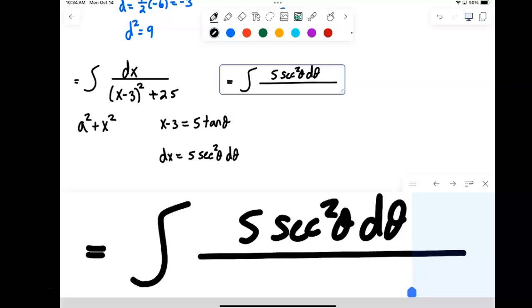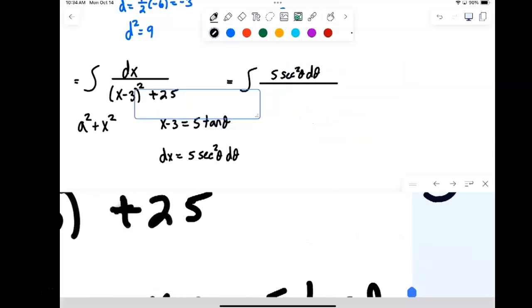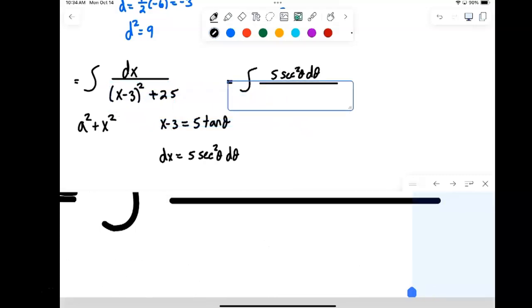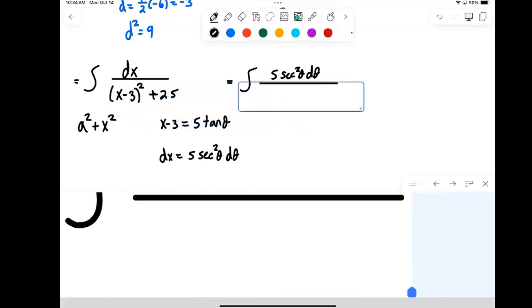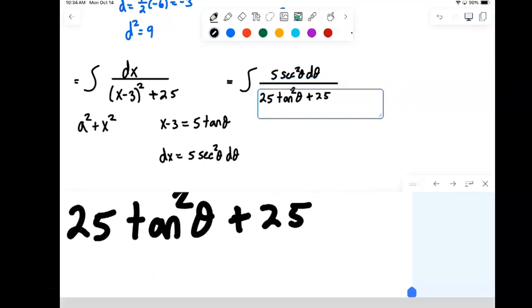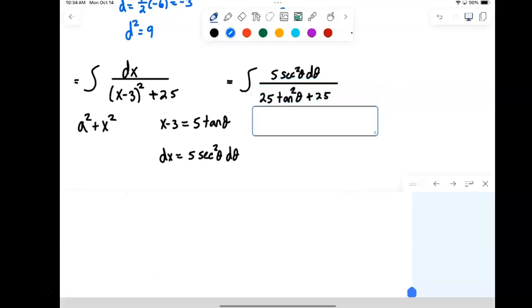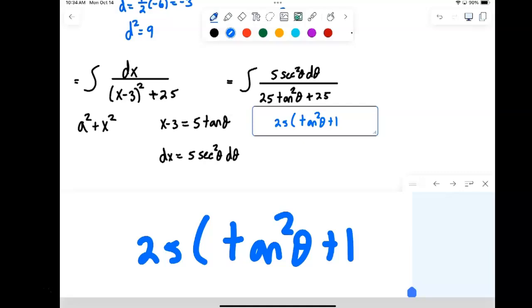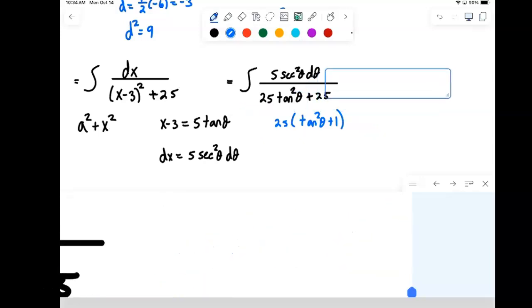On the bottom here, I'm going to have 5 tangent theta quantity squared, so in other words, 25 tangent squared theta plus 25. And what I end up doing here is I'll factor out the 25. That'll give me 25 times tangent squared plus 1. But tangent squared plus 1 is going to become a secant squared.